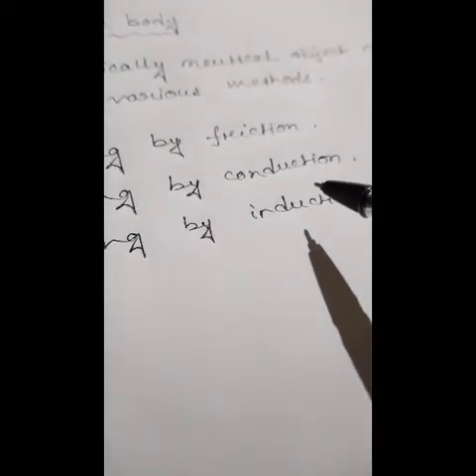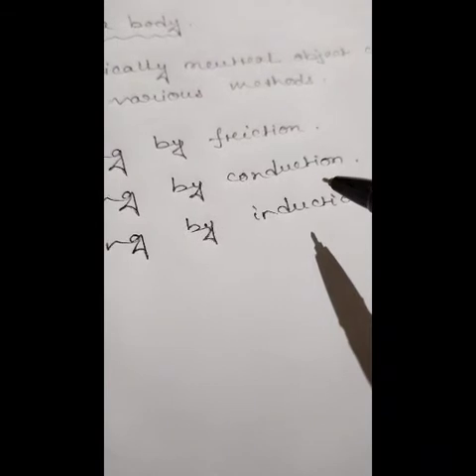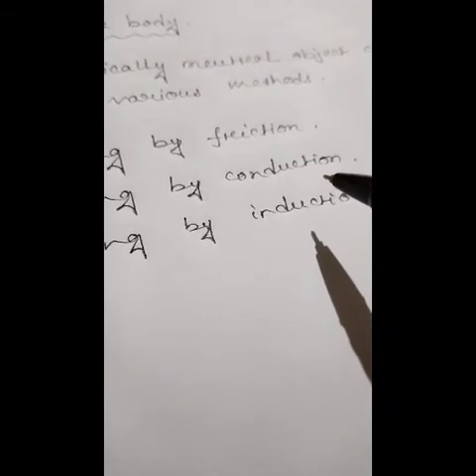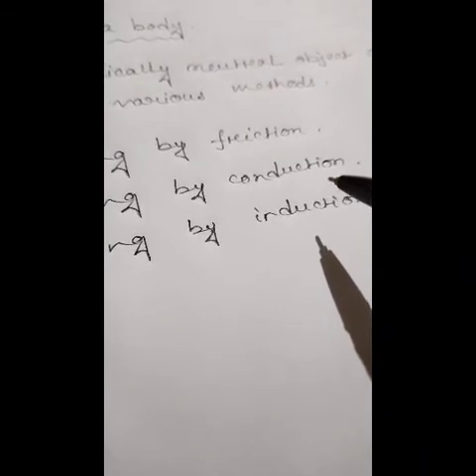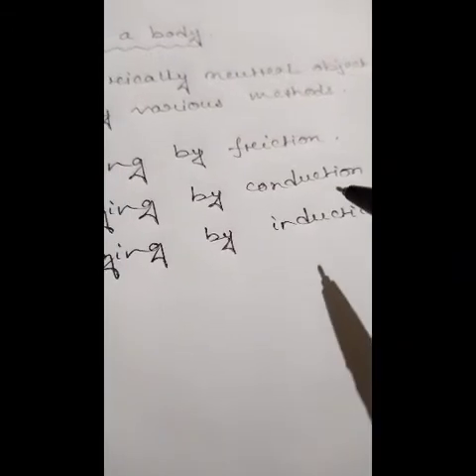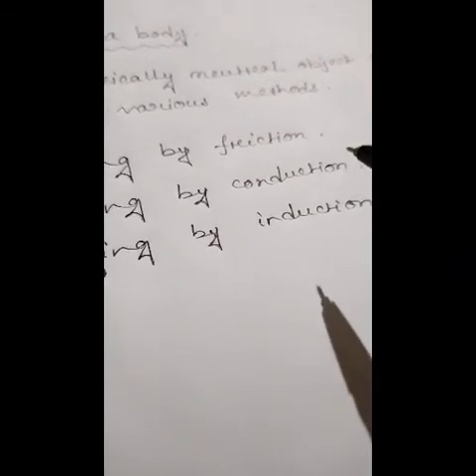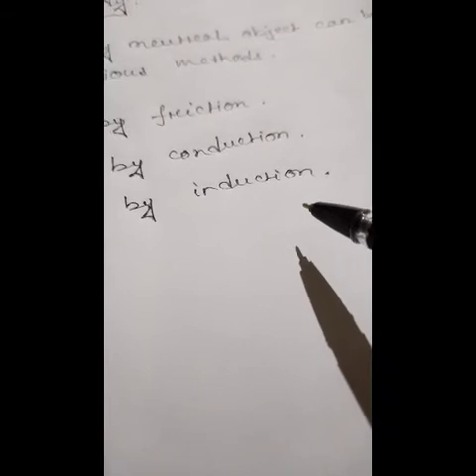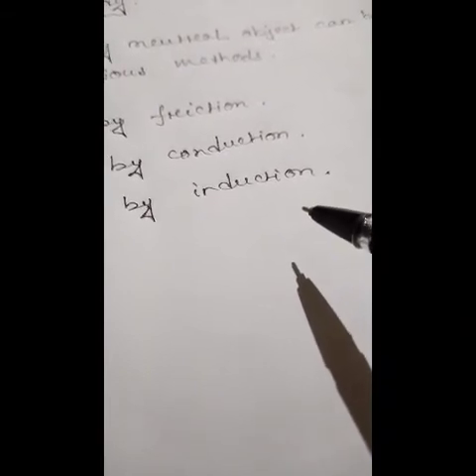Next method, charging by conduction. If we touch a charged object to an uncharged one, the electric charge will flow from the charged object to the uncharged one, and this process is called conduction. And number 3, charging by induction. We can also charge a body by bringing a charged body near it without touching it.